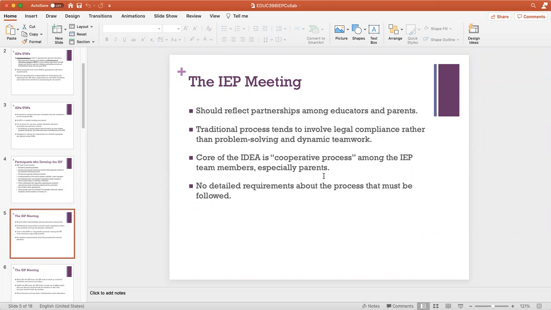But when you're talking about the collaboration between the general education teacher and the special education teacher and the paraprofessional on deciding who's going to provide what kind of support, where, who's going to provide which interventions, where are these special education hours and minutes going to come from, all of that needs to happen ahead of time.